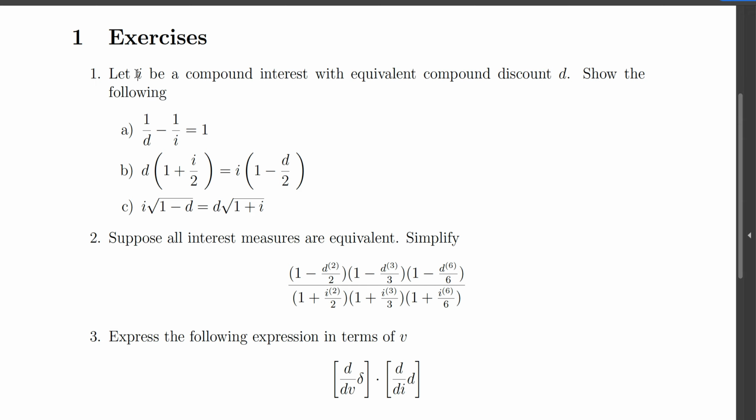So first of all, we're given that we have an interest rate I and a discount rate D, and they're both equivalent. So let's remind ourselves what equivalent rates are. If I have an I and a D, and they're both equivalent, that means, say for example, at time 0 and time 1, I deposit X amount of dollars at time 0 in a bank, and at time 1 it accumulates to some value because of interest.